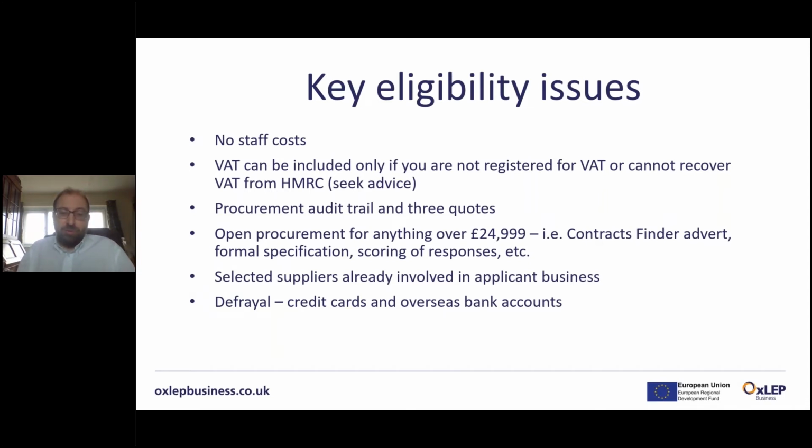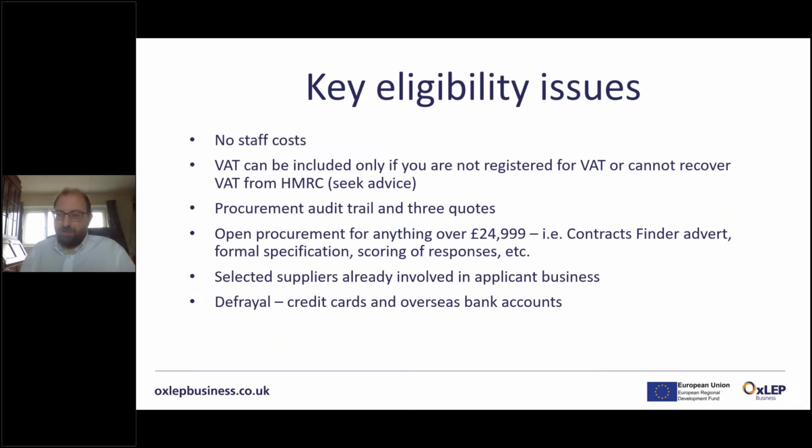Anything that costs more than £24,999, excluding VAT, has to be sought through an open procurement. So what that means is that it has to be advertised on the government's Contracts Finder portal. Now, don't worry, we can put things up on Contracts Finder for you. It's not a particularly user-friendly system, and it's not designed for grant recipients such as yourselves.